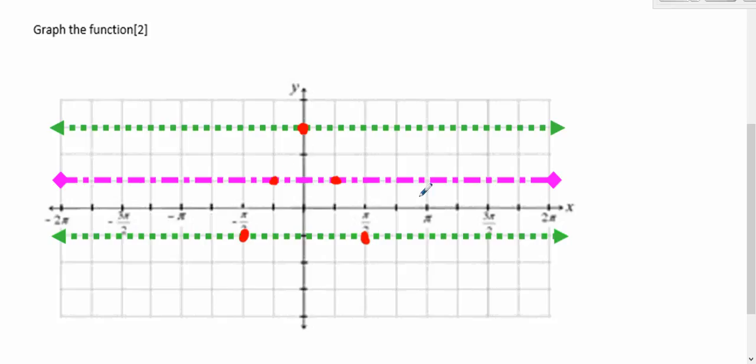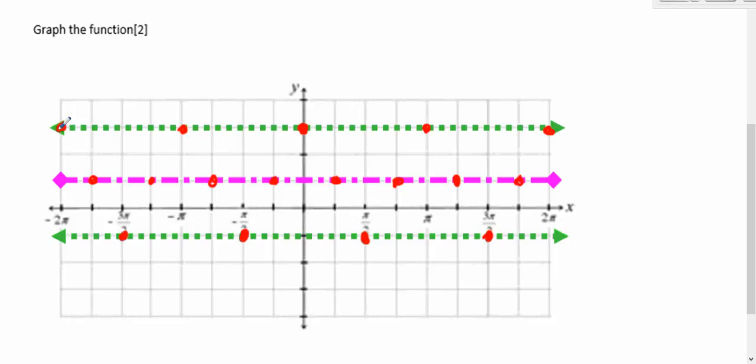One mark to the right, it's back in the middle. Another mark, it's up top. Another mark, middle. Another mark, bottom. Middle, top. And you can keep it going the other way also. Middle, top, middle, bottom, middle, top. So there's all of our points.